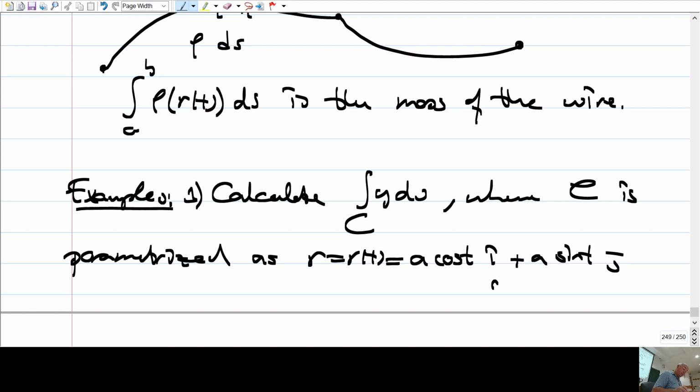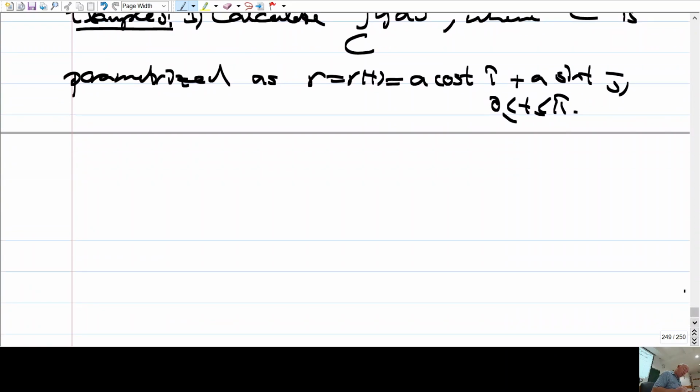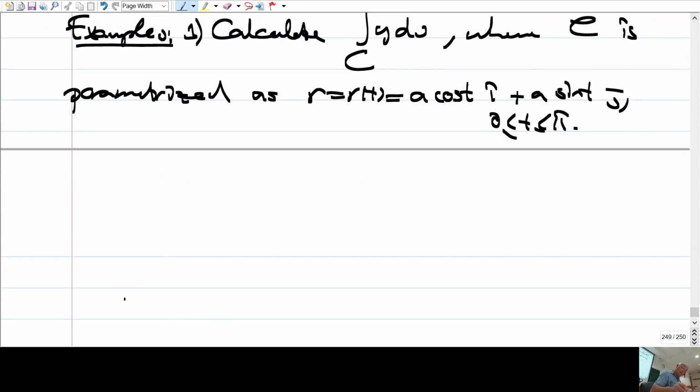So this is a plane curve, and t is ranging from 0 to pi. Okay, so we have a plane curve.